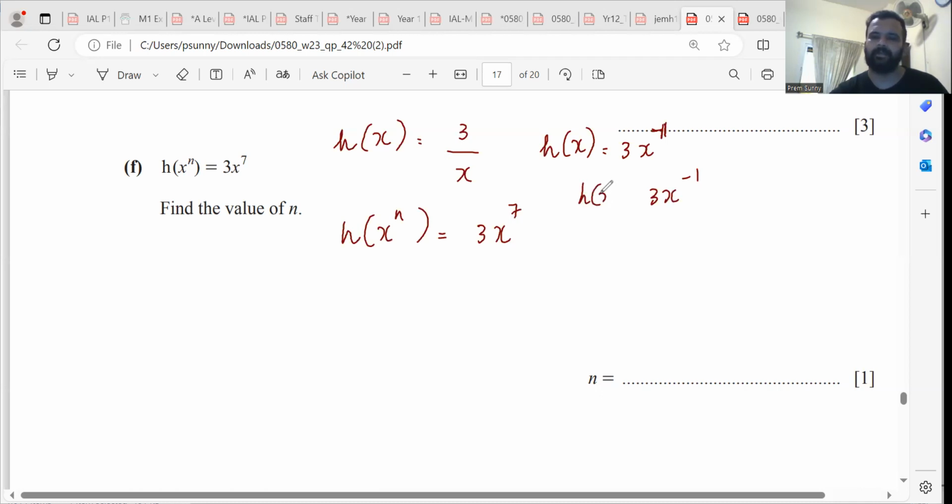H of x is equal to 3 into x to the power of minus 1. Now, h of x to the power of something should give me 3 into x to the power of 7. So basically what we can do here is that we have another method, which is better.